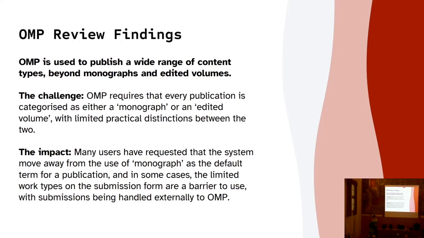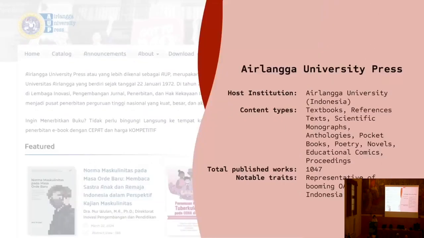Beyond that, we're not doing a lot with it. And so it's been a clear request from the user community to move away from the use of monograph, and there are some where that is a really hard barrier for using the submission form, because presenting their authors with a choice that doesn't apply to them creates too much confusion to really make it practical.